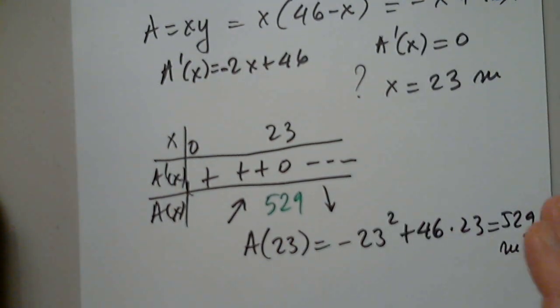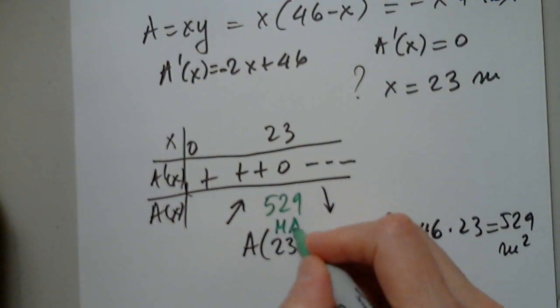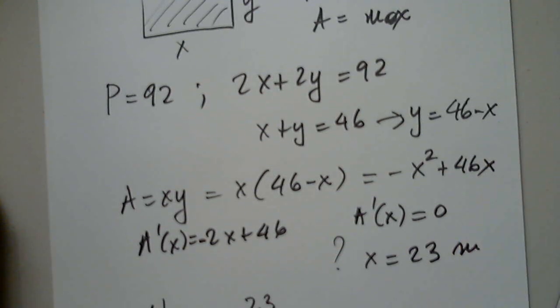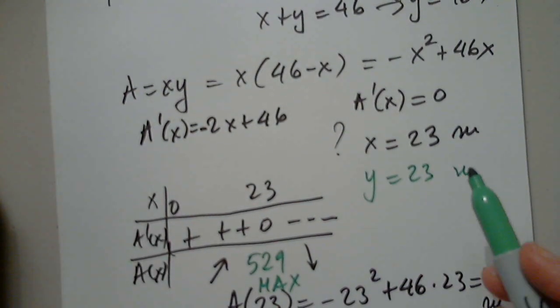I don't know if they're asking, but I will always determine the maximum. So if x is 23, 46 minus 23 is also 23. And this is always true.